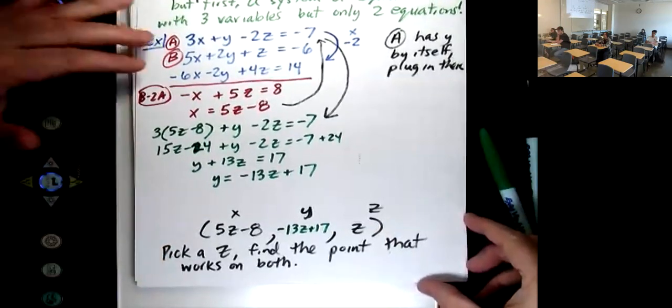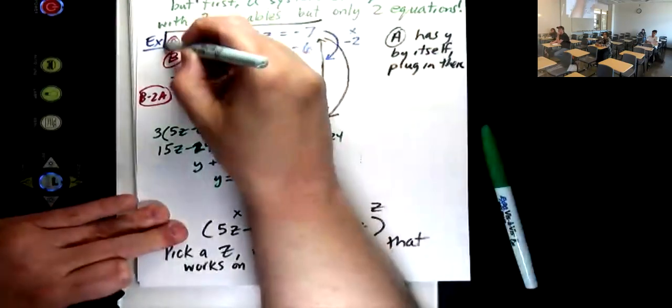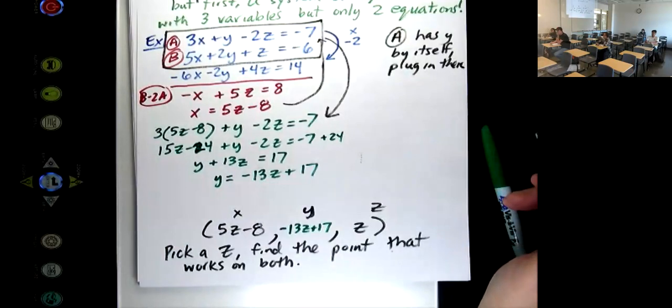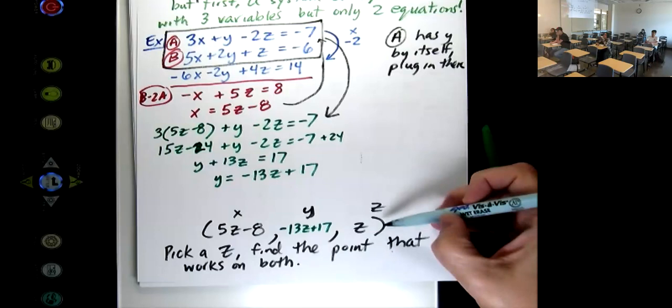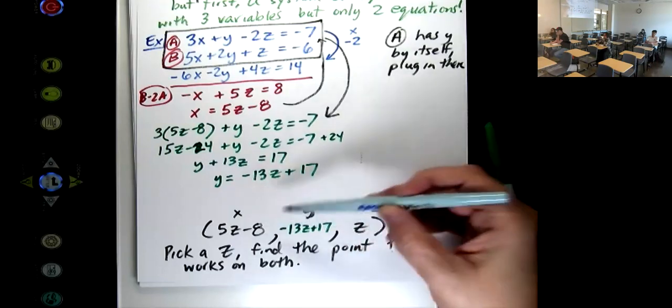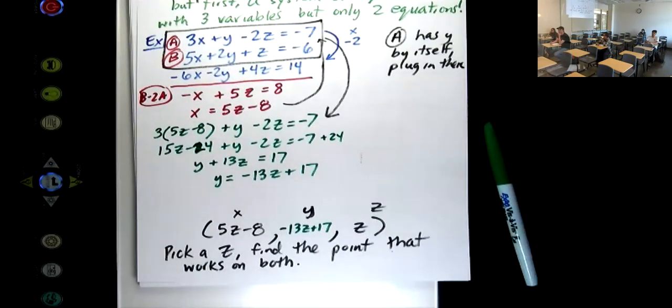So we start off with 2 equations, but 3 variables. If you have more variables than equations, you can't get a value for each thing. You can only get one of them in terms of the rest, or all of them in terms of one of them. It's even worse when you're missing 2 equations.